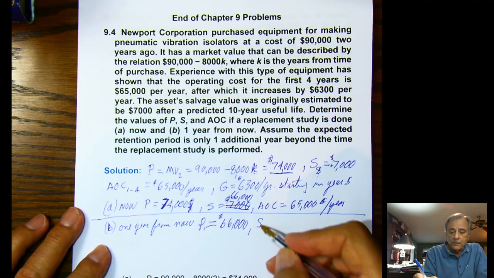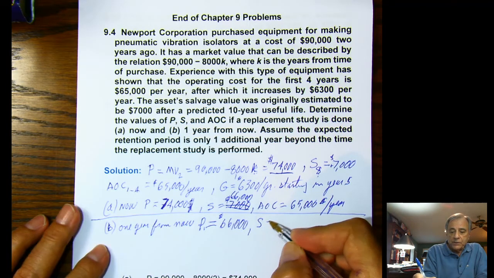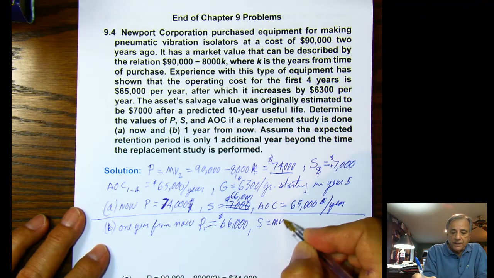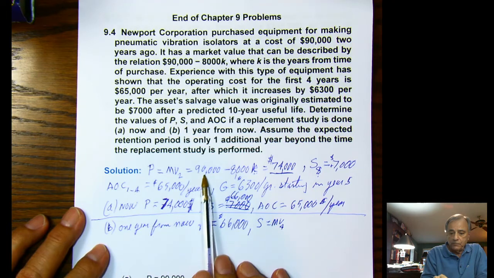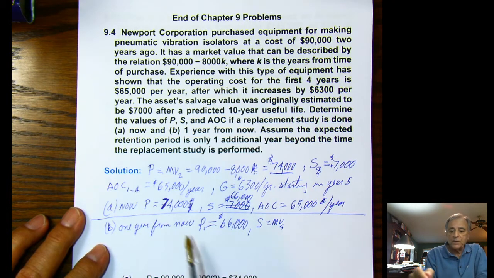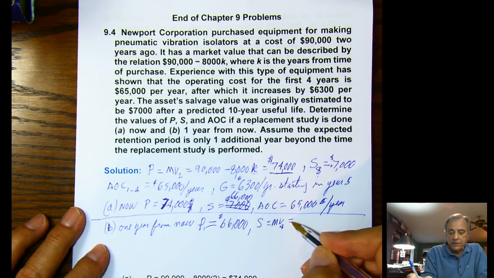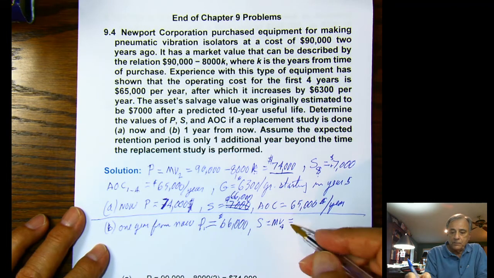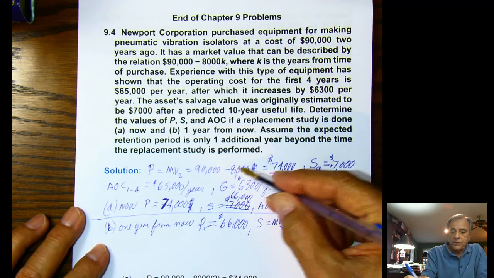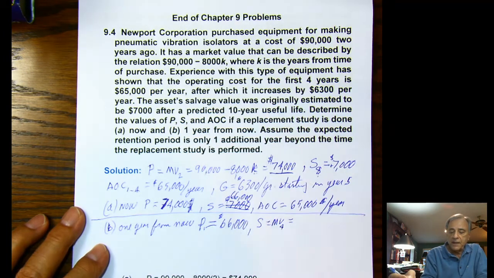So S will be equal to MV at time 4, which would be, because this is just keeping it one more year, 66 minus 8. When K is equal to 4, this is 32. We're subtracting that from 90.